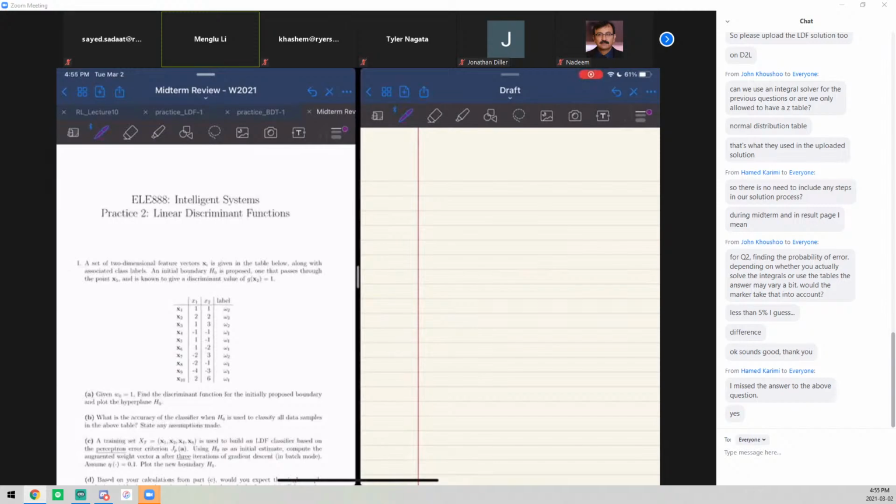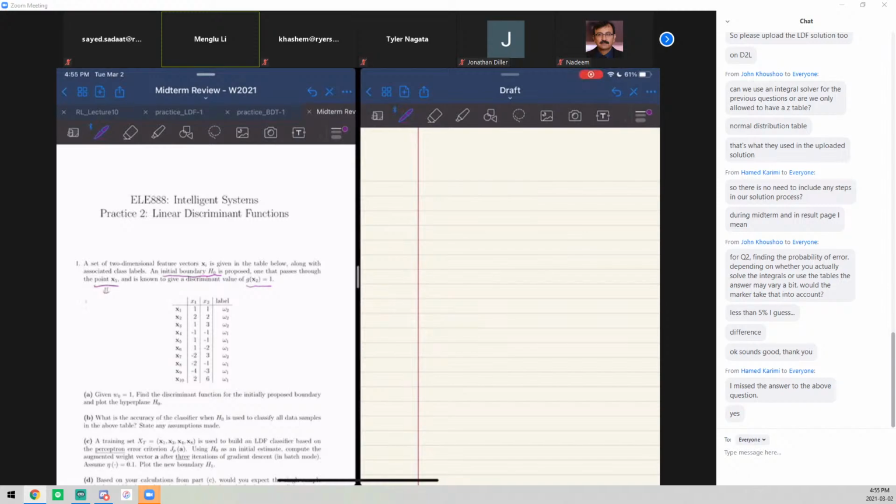So the first question is, they give us an initial boundary. And it says the boundary passes through the point x5 and has a value on x2. So the boundary passes through x5.